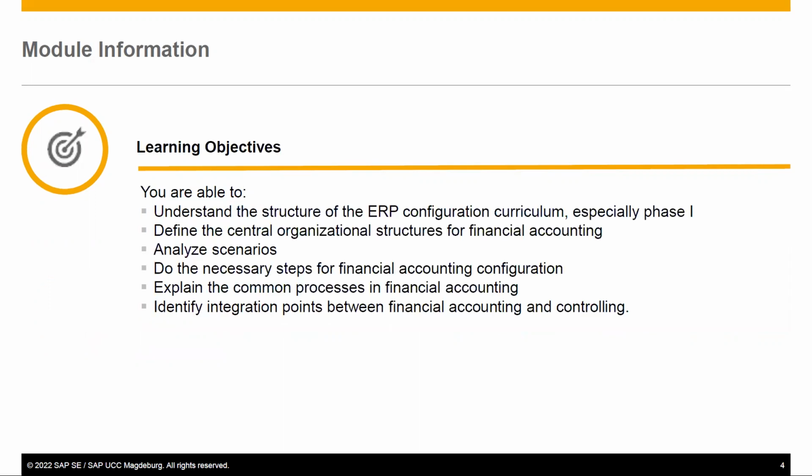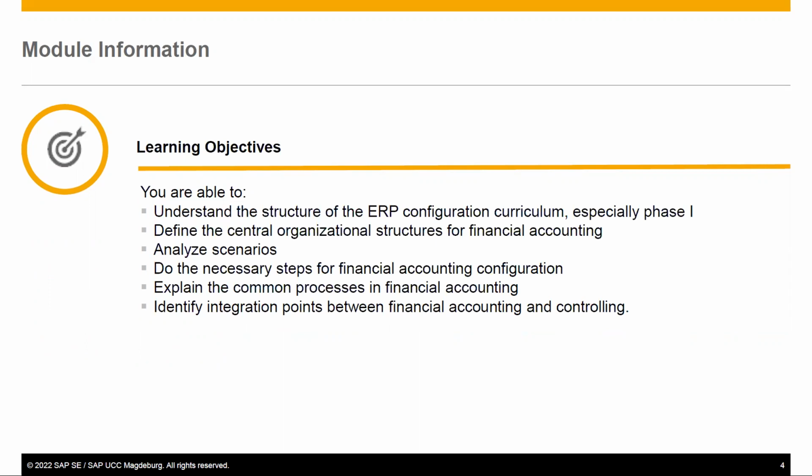After this lecture, you will be able to understand the structure of the ERP configuration curriculum that we already talked about, but especially phase one, which is related to financial accounting.